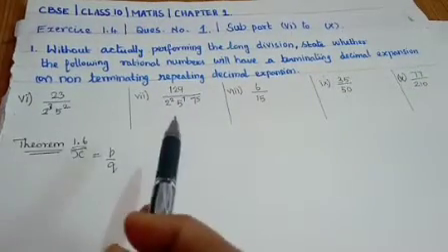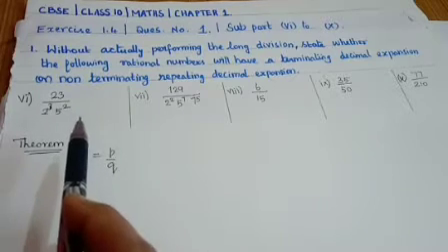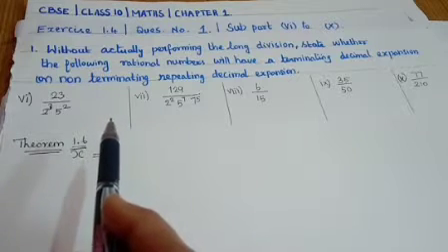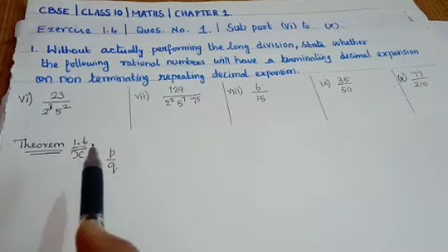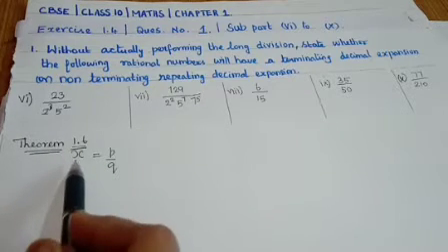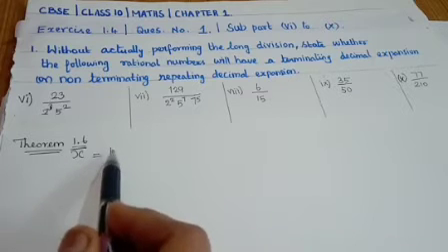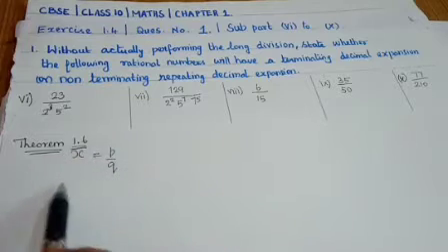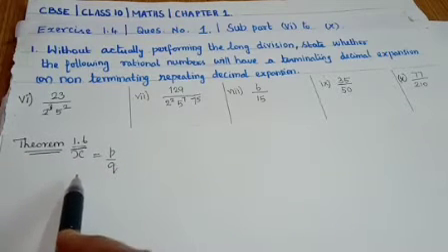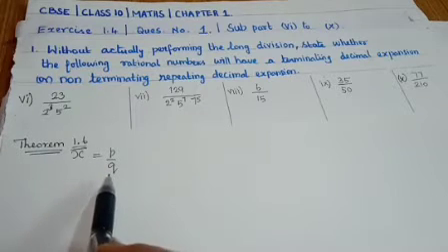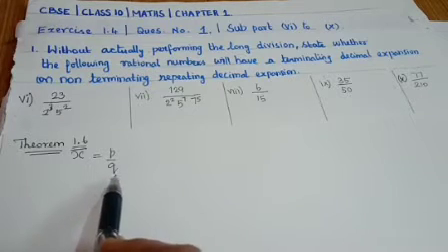Before answering whether the given rational numbers are terminating or non-terminating repeating decimal expansion, we should know Theorem 1.6. If x is a given number of the form p by q, then we can find whether this number is terminating or non-terminating by knowing the prime factorization of q.